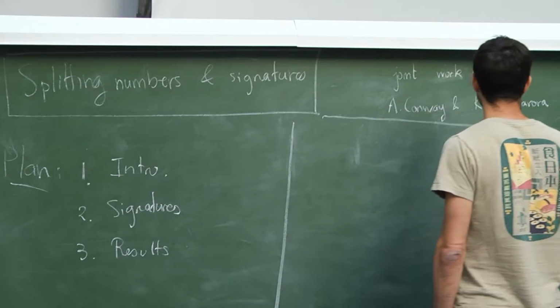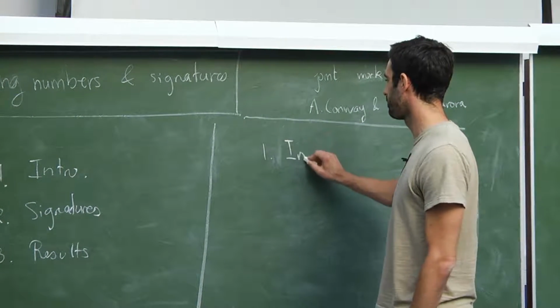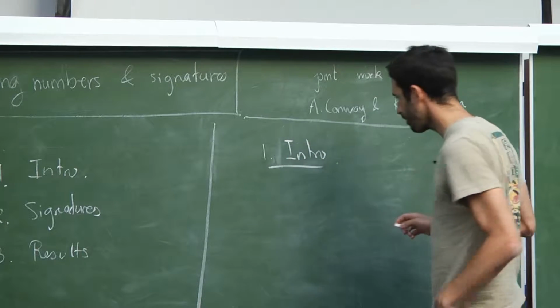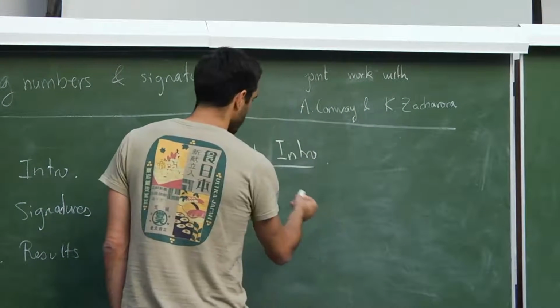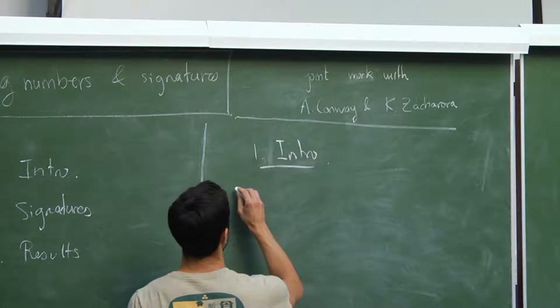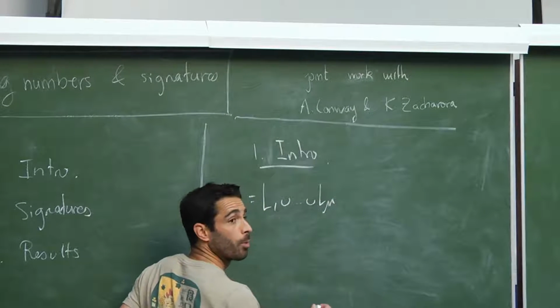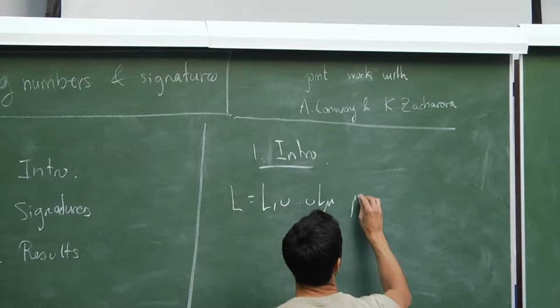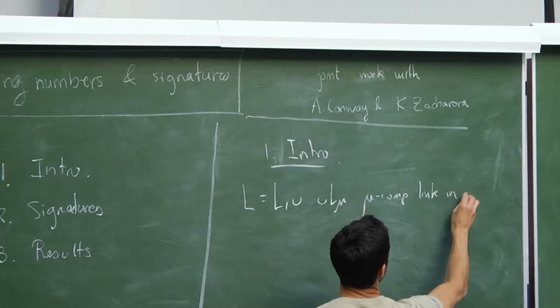Okay. So the introduction. What I want to look at, I think for most of the talk, is a mu component link in S3.